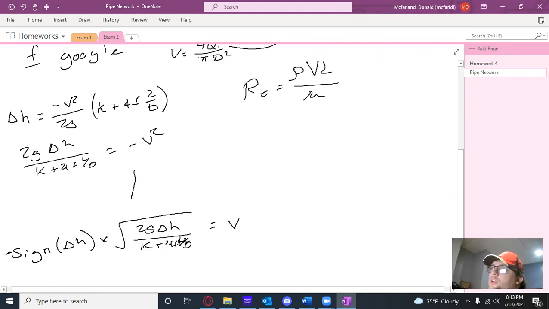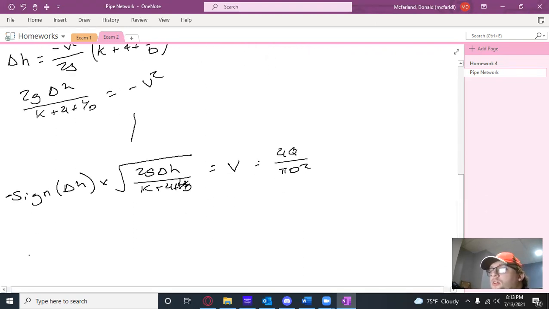Keep in mind our flow rate is 4Q over pi d squared. So if we get Q by itself, let me go ahead and scoot down some more.